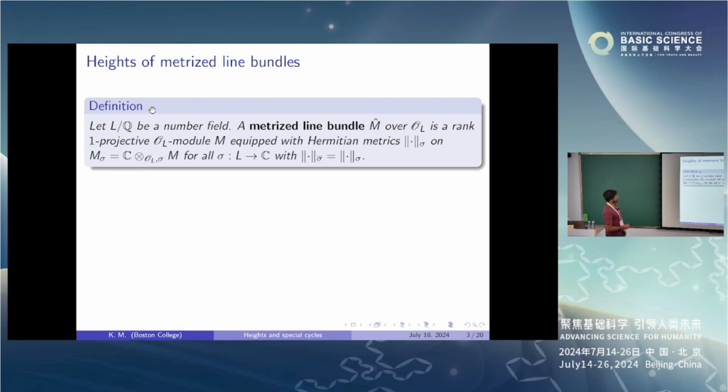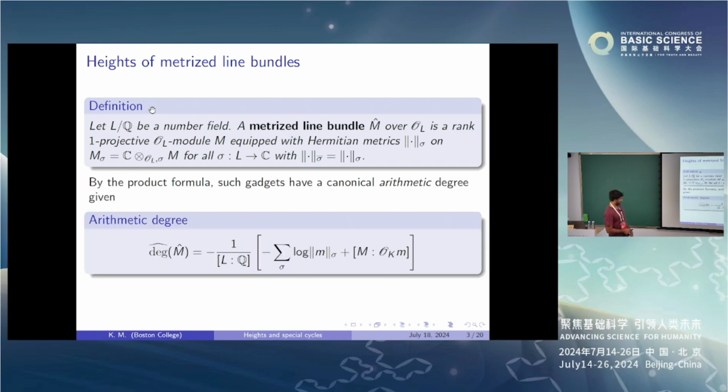So, to do this, we have to introduce a notion of a metrized line bundle. It's just one projective module. So this is a number field and a ring of integers, so it's something that you can do the following with.